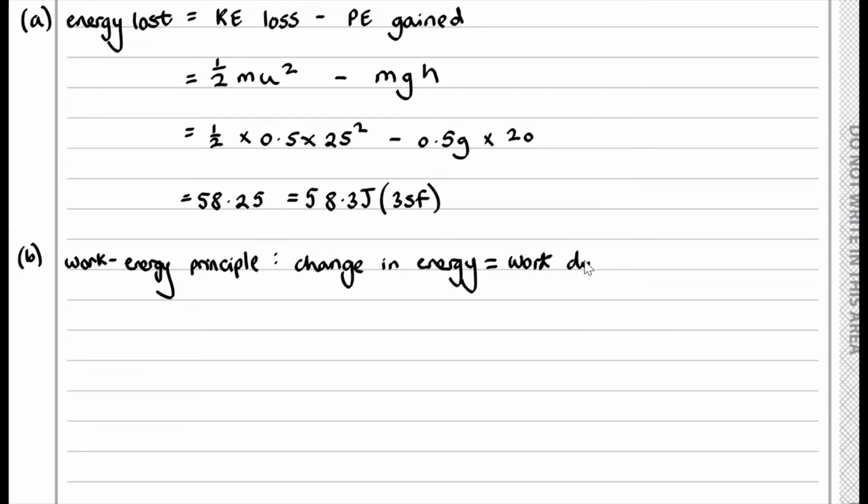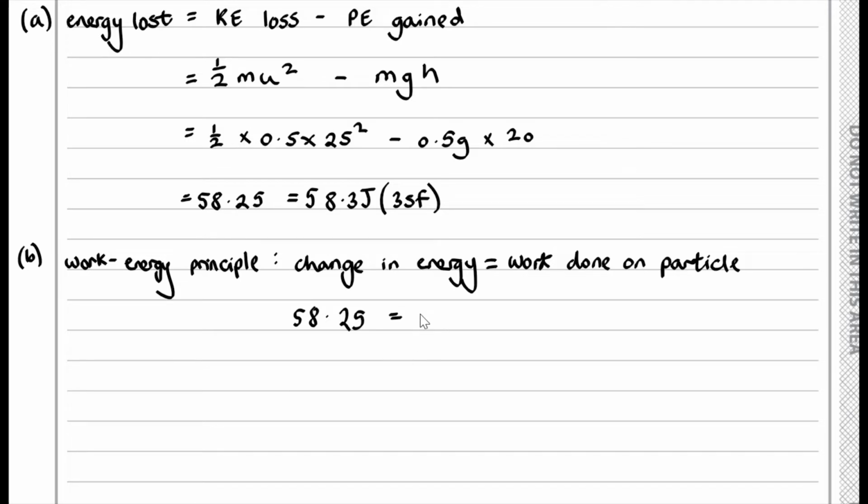So we have the work done on the particle. The change in energy, we've just found that to be 58.25 joules, and the work done on the particle, well, work done, that's defined as basically the force times the distance.